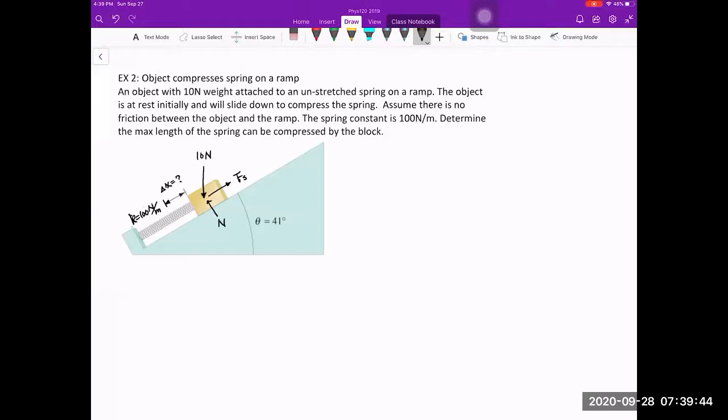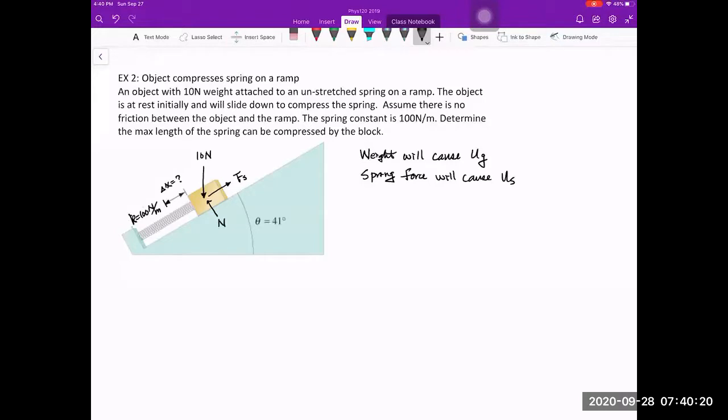So the weight will cause the U sub G, which is the potential energy. We also have the spring. The spring force will cause the U sub S, which is elastic potential energy due to the spring.